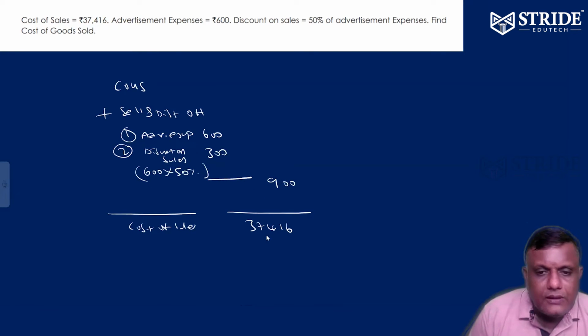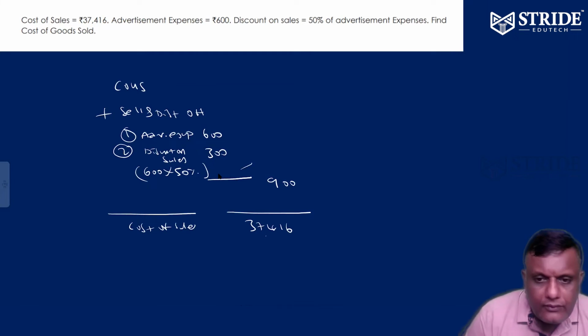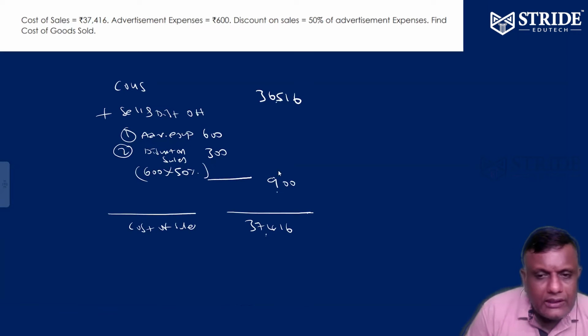So 37,416 minus 900 is equal to 36,516. Or 36,516 plus 900 is 37,416. That is reverse working.